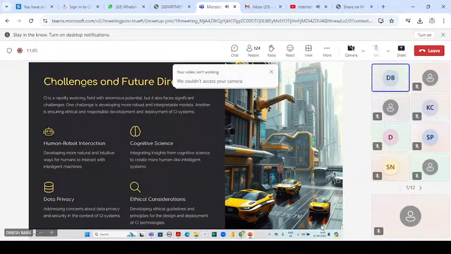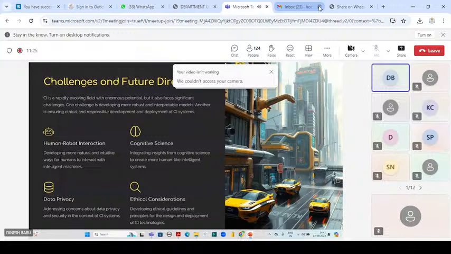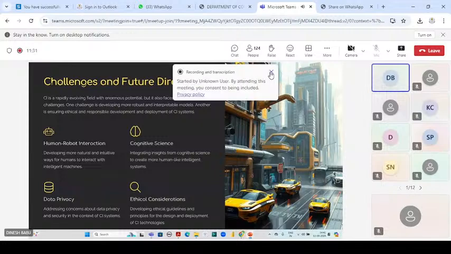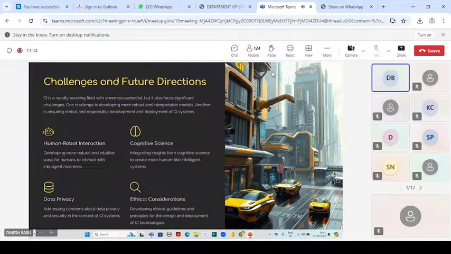CI is involved in human-machine interactions, where it gives a more intuitive way of interacting with the human, and also in cognitive sciences. It creates human-like intelligence systems that help automate processes. Some other challenges are data privacy and securities.